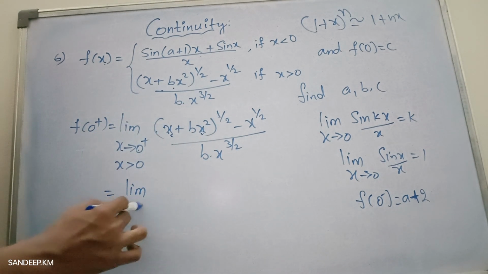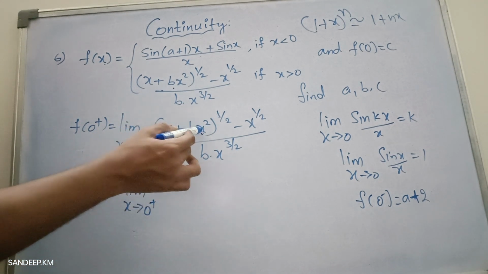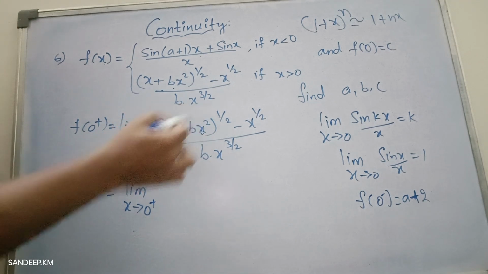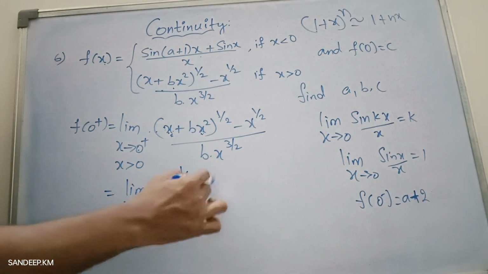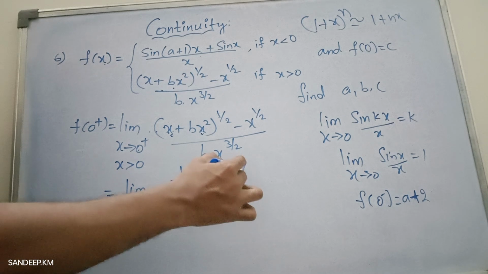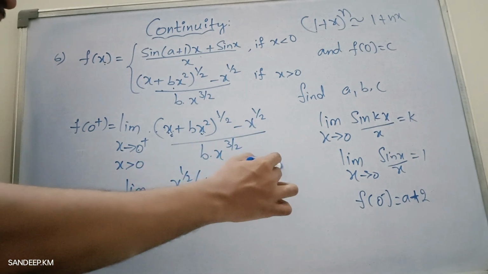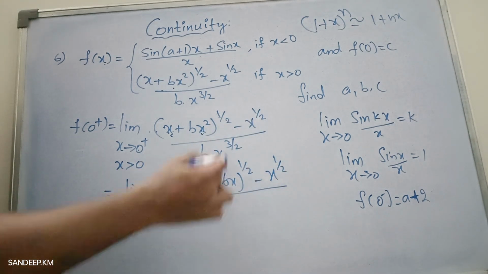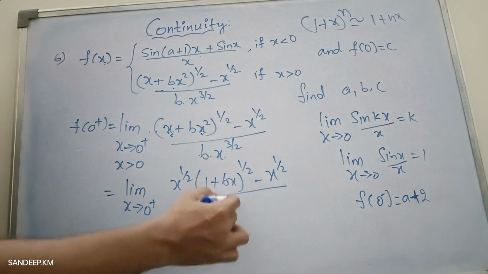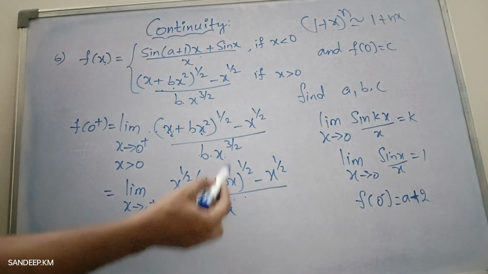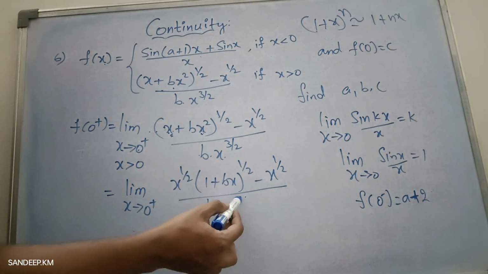So limit x approaches 0 plus. Here and here I took x common, which becomes x power 1 by 2 into (1 plus bx) whole power 1 by 2 minus x power 1 by 2, divided by b into x power 3 by 2. Power 3 by 2 can be written as 1 plus 1 by 2.